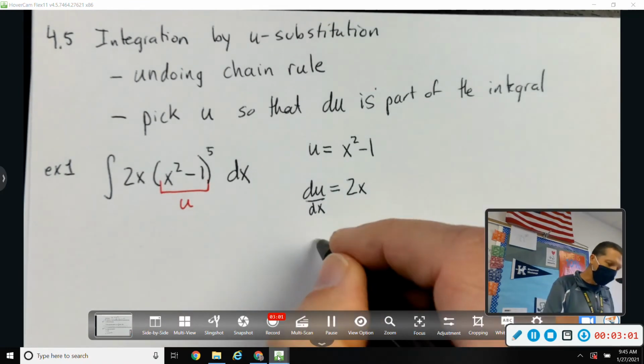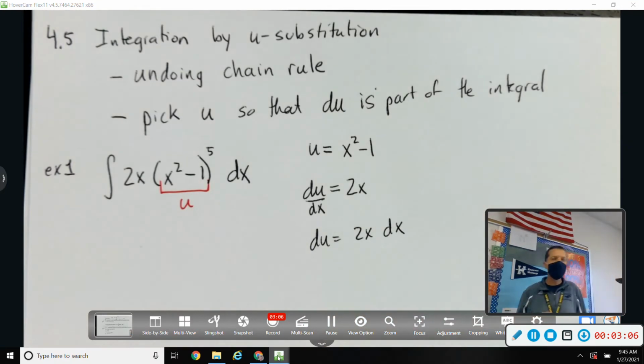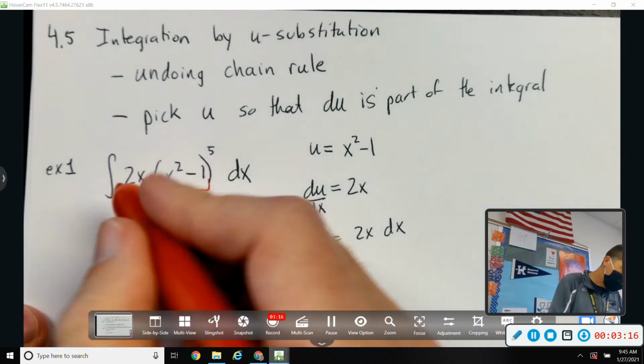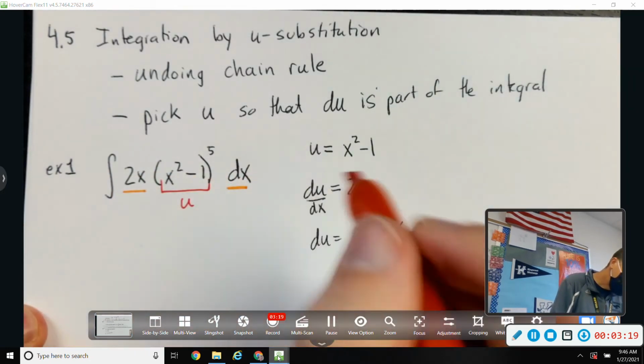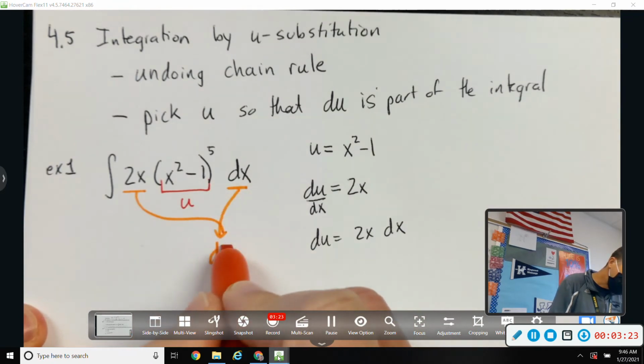And then if we move that dx over, which we've not really done before, like, whoa, wait a minute. Du dx meant u prime, and now we're moving it to the other side. But now 2x dx combines to make du.